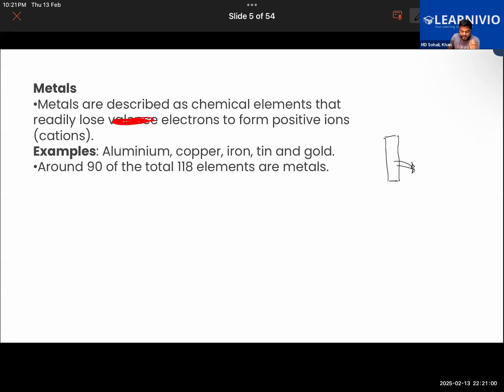So suppose, for example, we have the electrolyte copper sulfate. Copper here was the metal, no? And copper is also the cation. It forms positive ions, no? Yes, sir. So when will it form a positive ion? When it loses the electron. So in a reaction, metals always lose electrons.